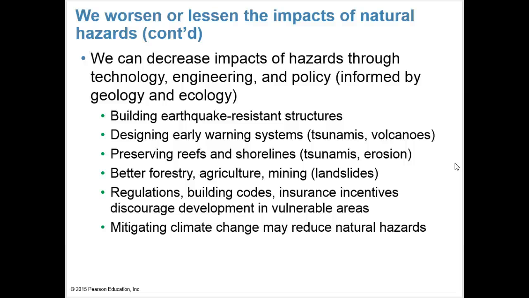We can preserve reefs and shorelines, which can reduce the effects of tsunamis and erosion. With better forestry management and agriculture and mining, we can reduce the occurrence of landslides. And making regulations and building codes and insurance incentives can discourage development in these vulnerable areas. And mitigating climate change can also reduce natural hazards.